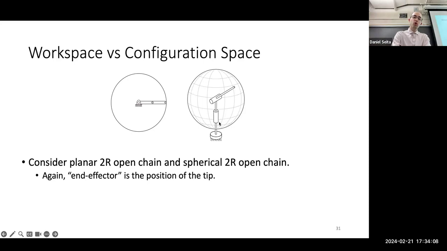So what this forms is a sphere, where the end effector can reach. You have a ground, and then you have this joint which rotates, and then you have another joint which is in a way that causes a three-dimensional workspace to appear.